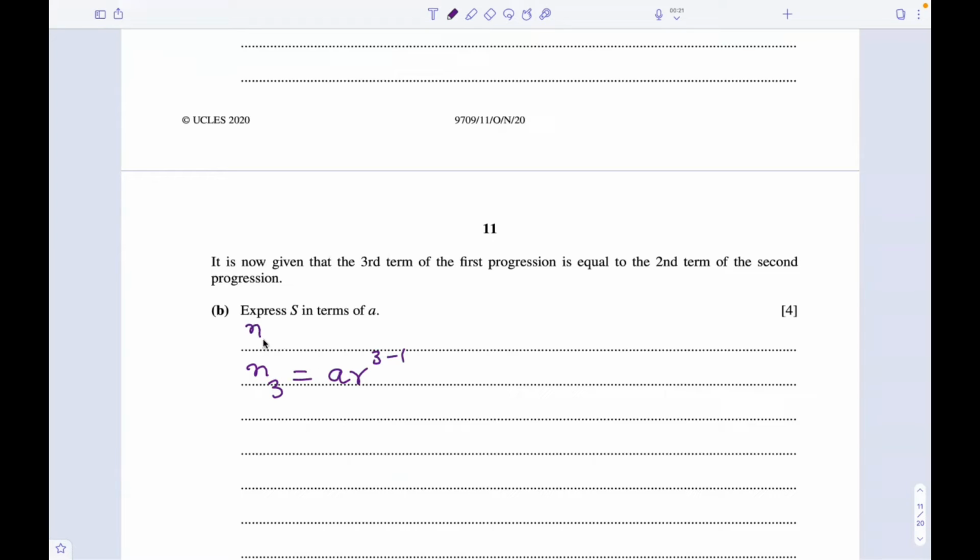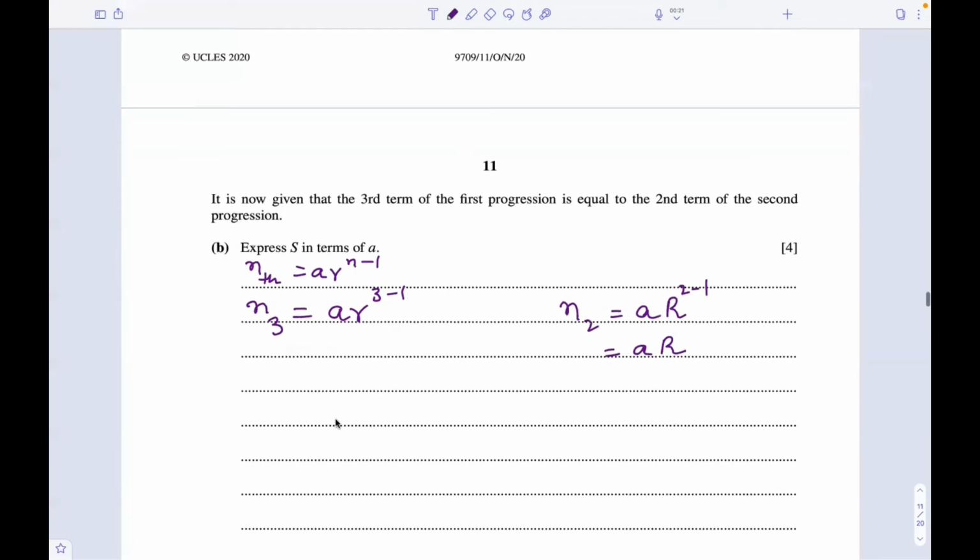The formula for the nth term is A r to the power n minus 1. And it is equal to the second term of the second progression, which would be A R to the power 2 minus 1, which is A R. As they are equal, I can write A r squared is equal to A R. The A and A will cancel, so we have r squared is equal to R.